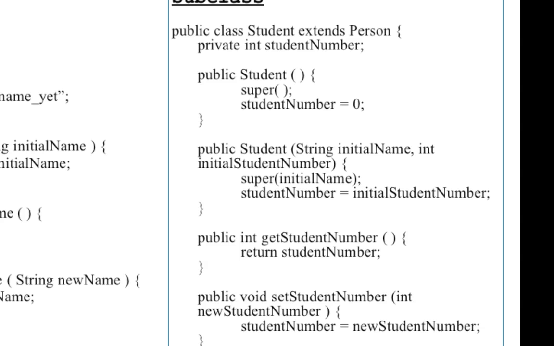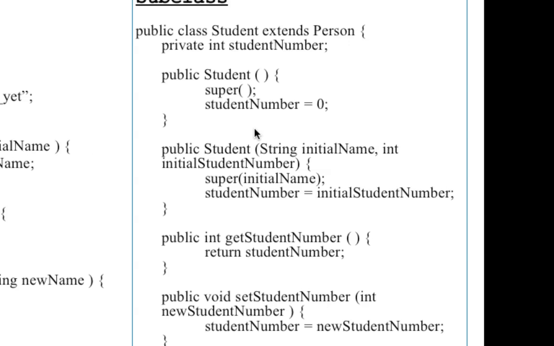So we have super, and the studentNumber is equal to 0. When we say super, that means go, give us the name, use the name. And here we have a new constructor that's going to take initialName, a string, and studentNumber. Instead of using this.initialName, we make a call to super.